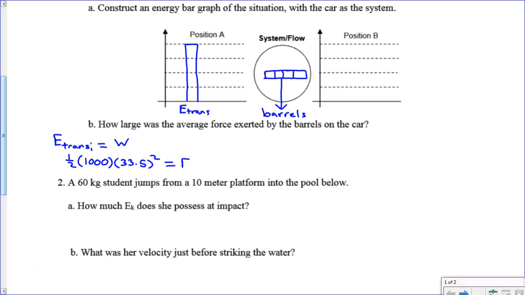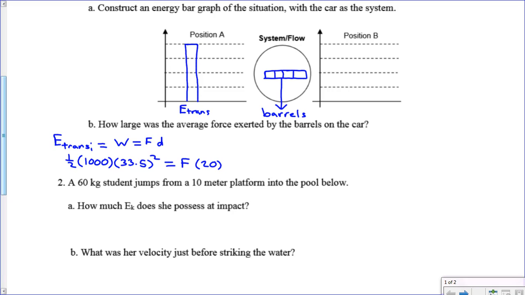All right, we know that equals the work, which is force times distance. So in this case, force times 20. I'll just point out here that we've got FD. So the only unknown here is the force.